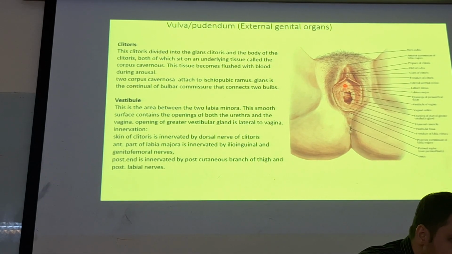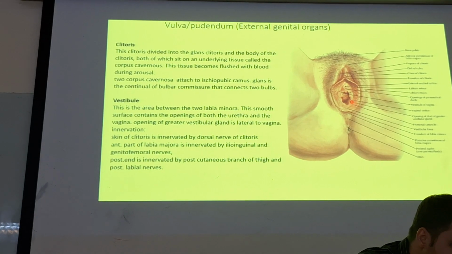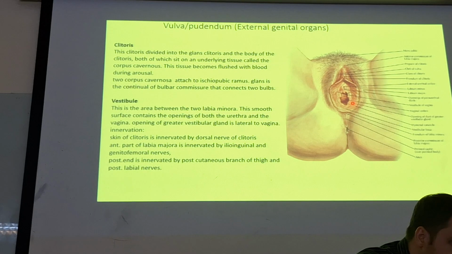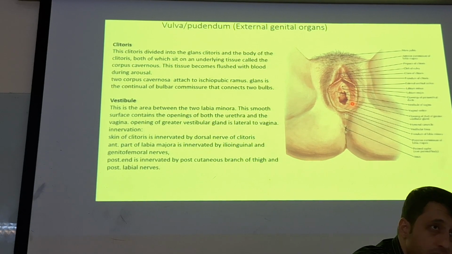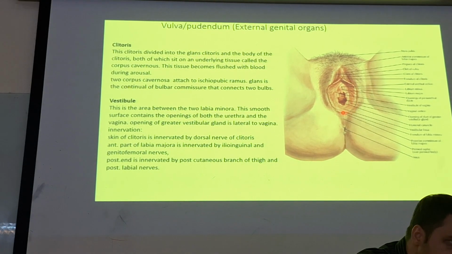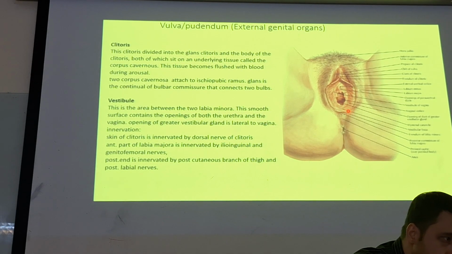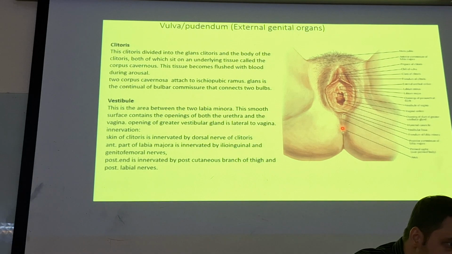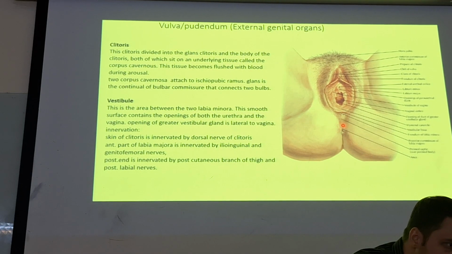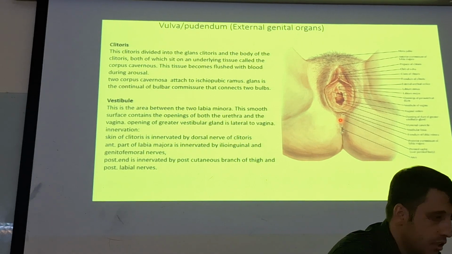Then you can see the external urethral orifice, the vagina which is covered by the hymen, and these two ducts named the ducts of the greater vestibular gland. Here is the fourchette, the site of attachment of the labia minora. Here is the posterior commissure, and this area between the anus and the posterior commissure is named the gynecological perineum. Do you have a question? No? Okay.